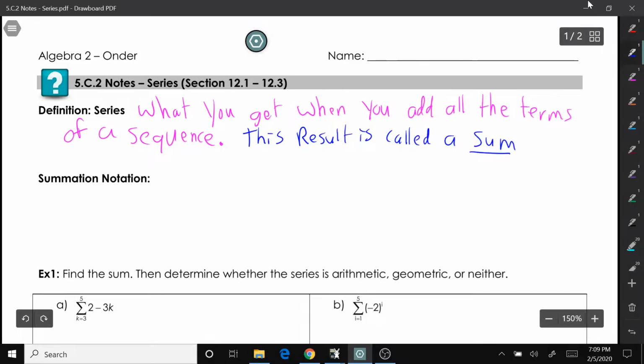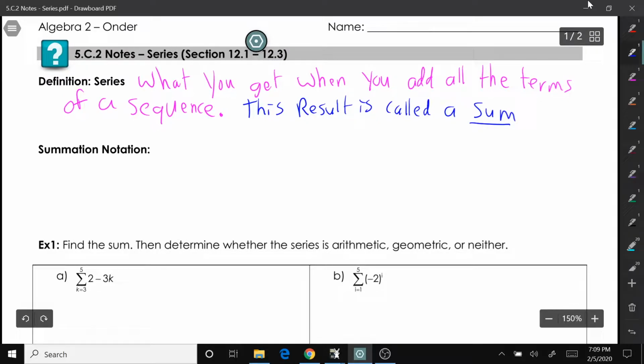And there's a special notation for this called summation notation, or also known as sigma notation. And it looks like a weird big looking E. This is the Greek letter sigma.